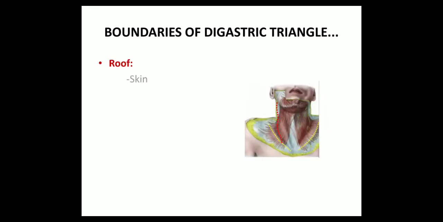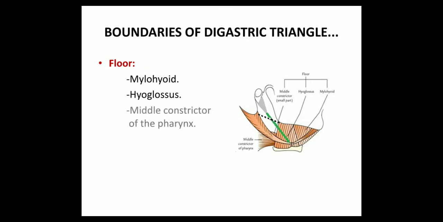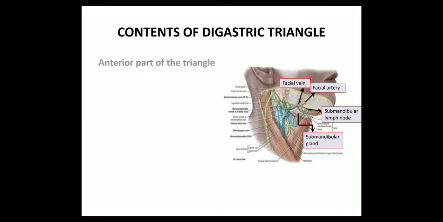The roof is formed by the skin, the superficial fascia and the deep fascia. The floor is formed by the mylohyoid, the hyoglossus, and the middle constrictor of the pharynx. The contents of the digastric triangle can be divided into the contents in the anterior part of the triangle and the contents in the posterior part of the triangle.